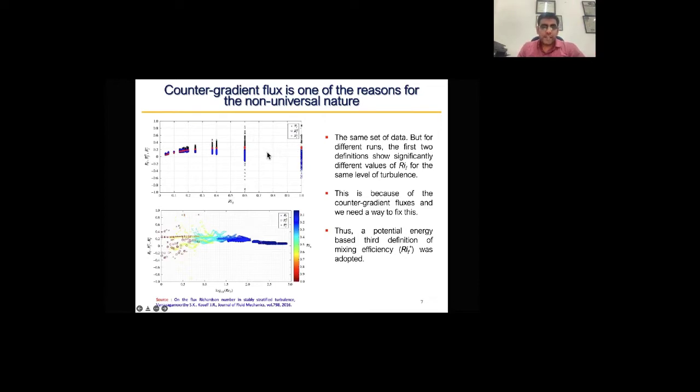But the issue with this study was that it is a very simplistic, homogeneous, isotropic, stably stratified turbulence, which is the simplest way of looking at this flow. It may not be applicable for a gravity current, which we are talking about.